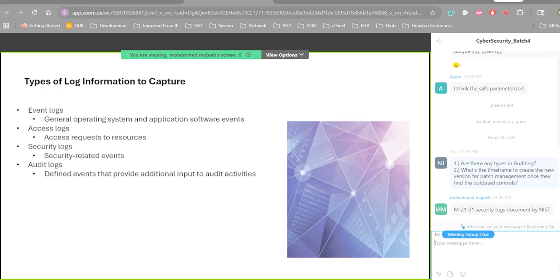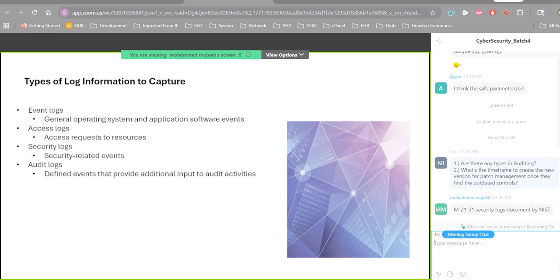This gives you a good idea of exactly what log categories and events they want to capture. What are the security events? What are the operation events? All those kinds of events they want you to capture are documented in M2131. Most companies use this as a baseline, but this is just guidelines, right?